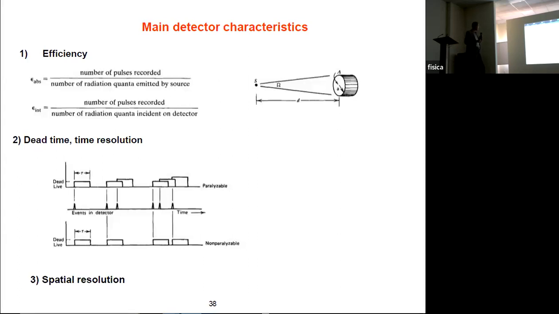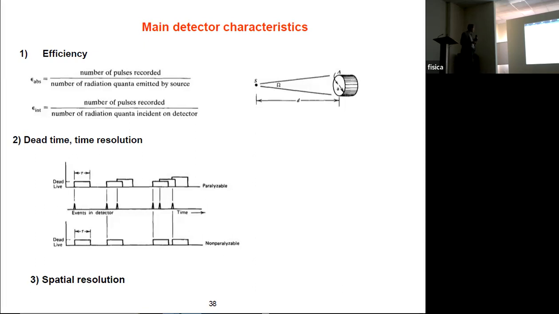This is also a parameter that takes away the geometric factor and takes into account only the number of events which interact and the number of events which are recorded, because not all gamma rays can be detected.